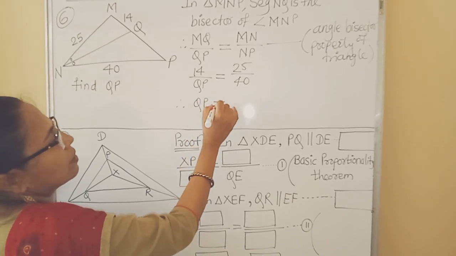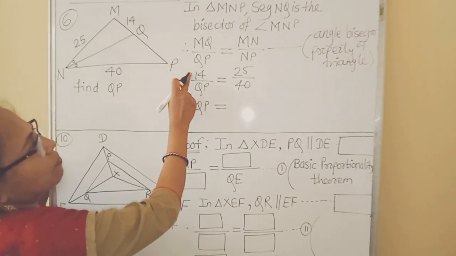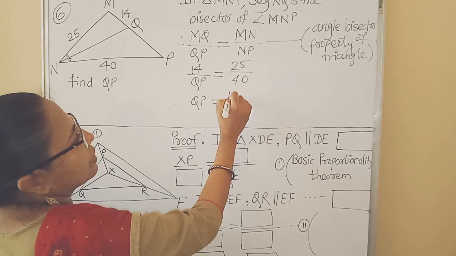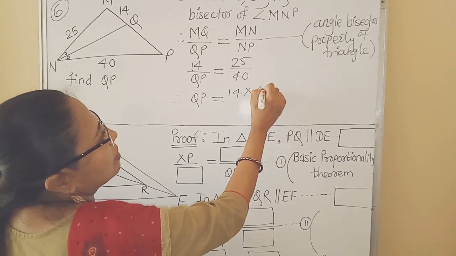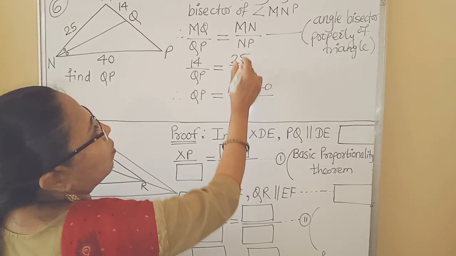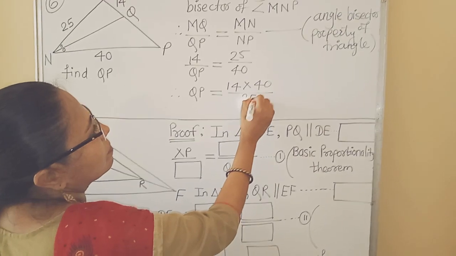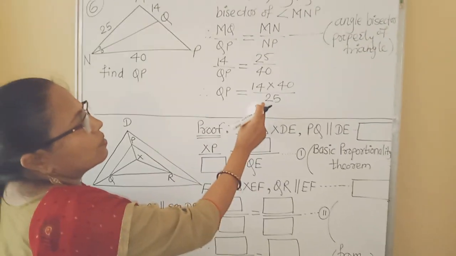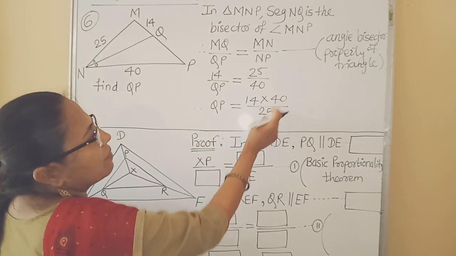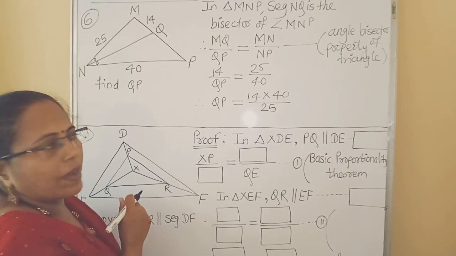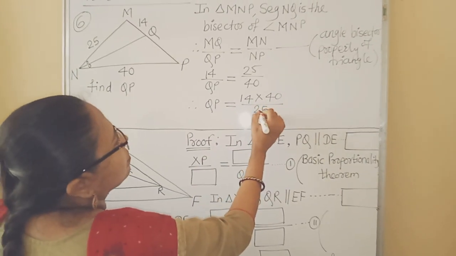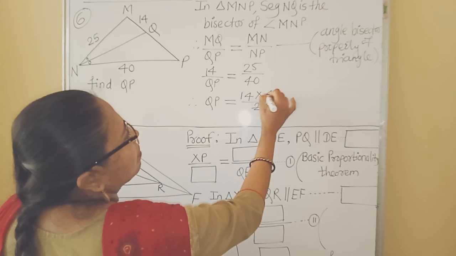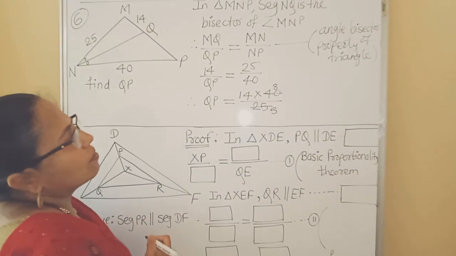Therefore, QP is equal to 14 multiplied by 40 upon 25. Now, 40 and 25 divided by 5. 5 5s are 25, 5 8s are 40.